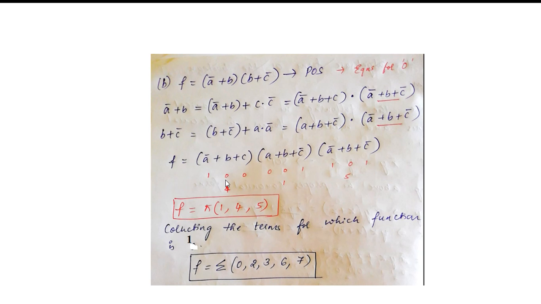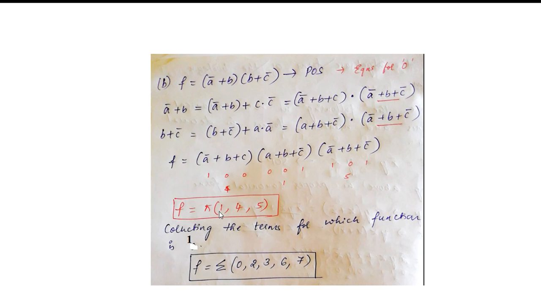Now better first convert all these terms into binary numbers, then convert them into decimal. First we write the decimal equivalent of the max term, that is Pi, since the POS equation is given. The writing sequence is the same.